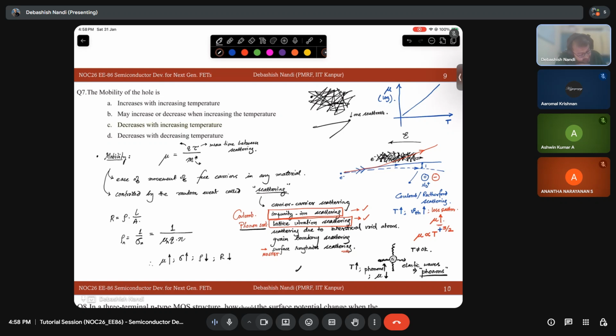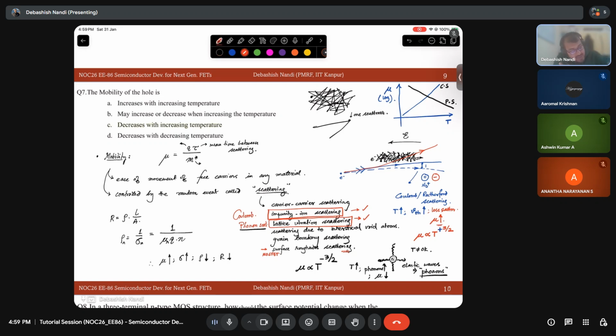Fine. So in this case, mobility is inversely proportional to your temperature. Fine. So that line you generally draw like this. So this is your Coulomb scattering. This is your phonon or lattice scattering. Fine.